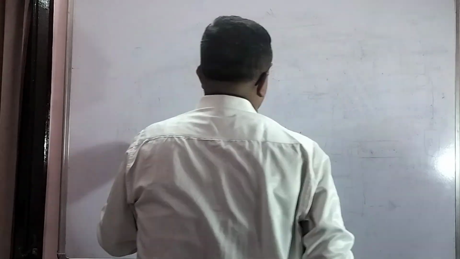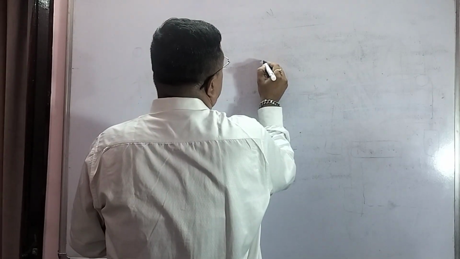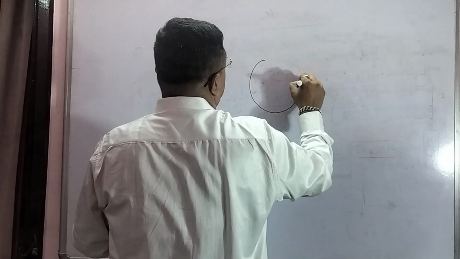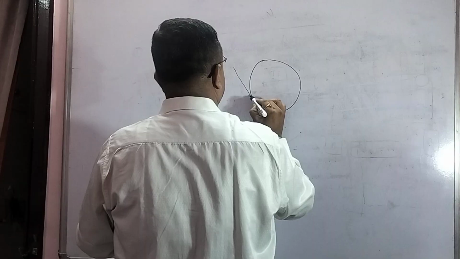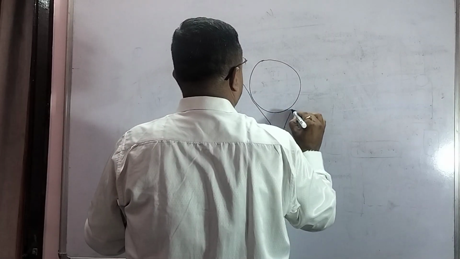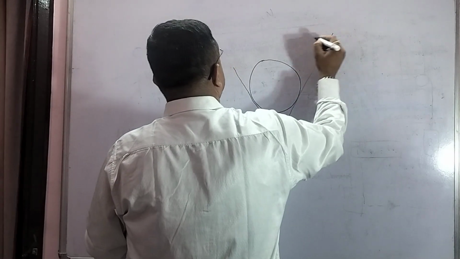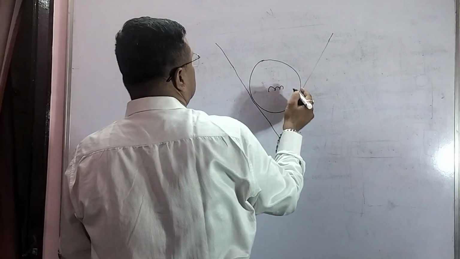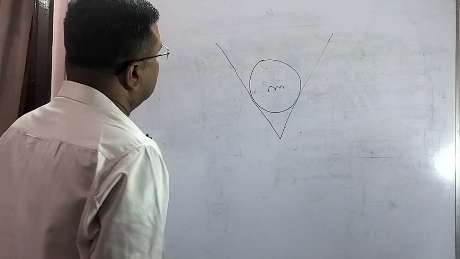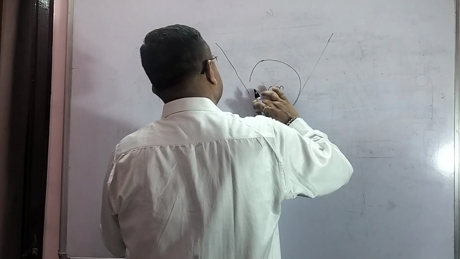Now suppose this kind of picture. Suppose this is a ball and this is placed in this way. It has mass m. So this is in contact with them.